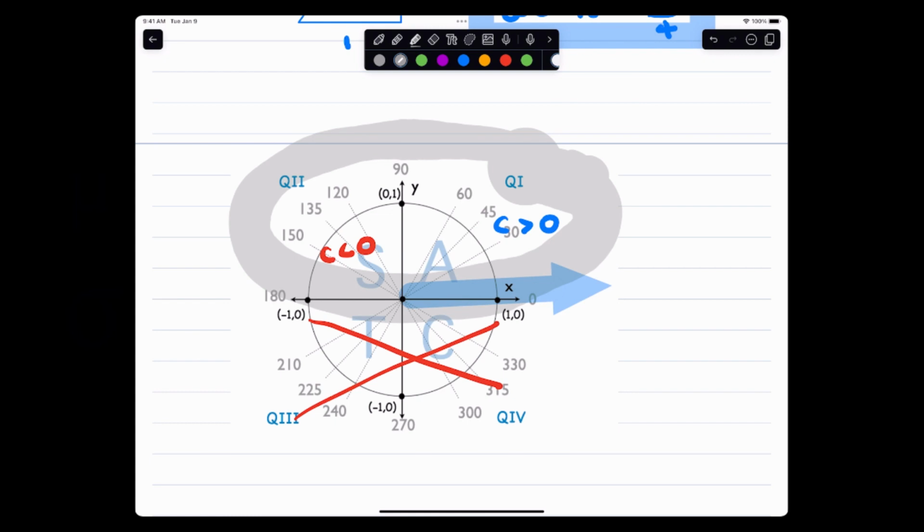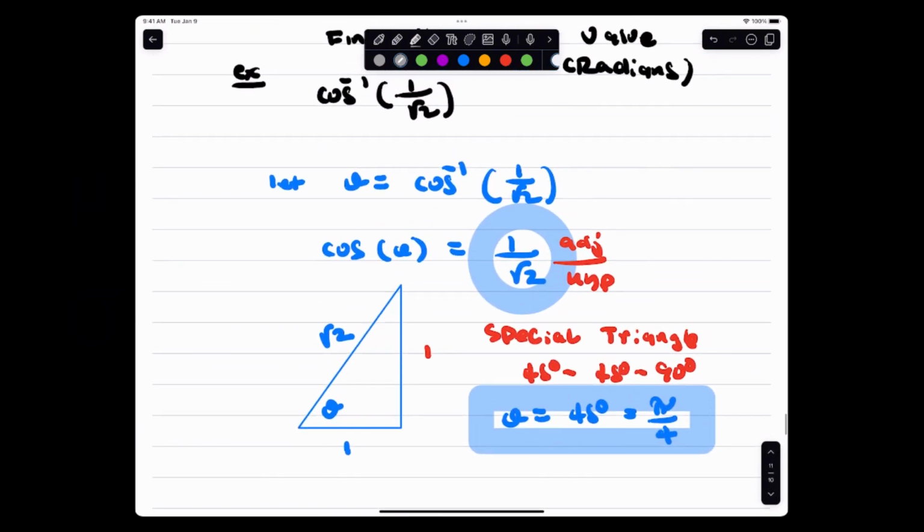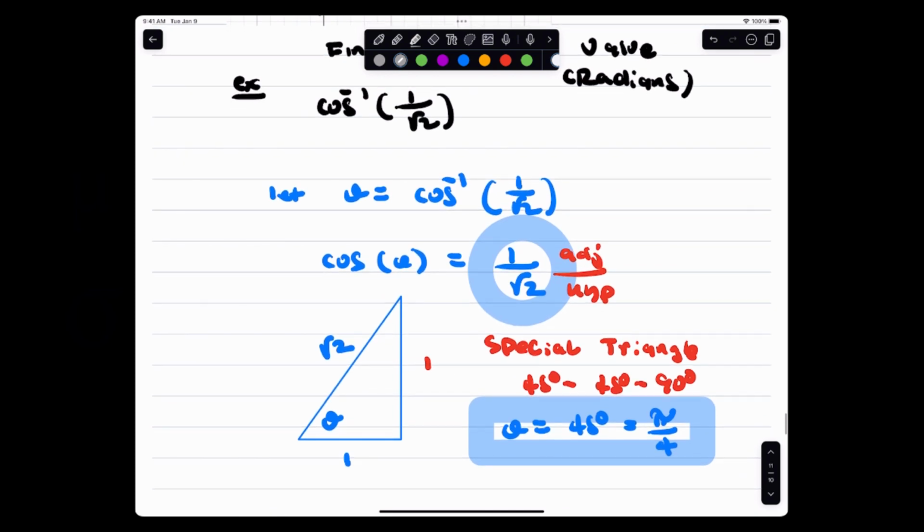So, in other words, that quadrant 1 angle is perfectly fine. We're done. This is our answer. Pi over 4 here.